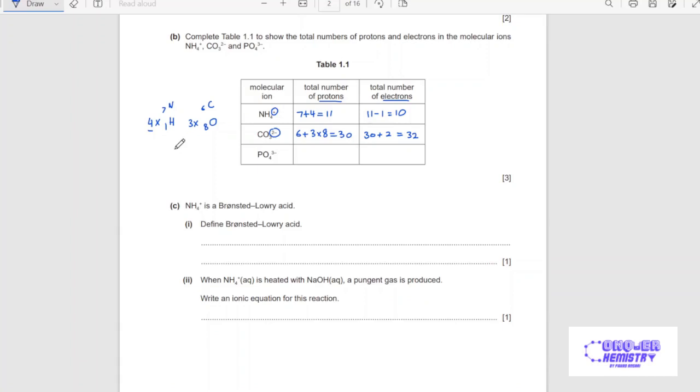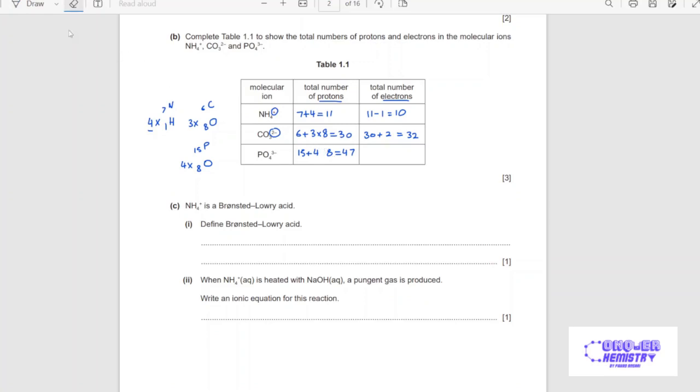Next, for the phosphate, PO4 3 minus. All right. We have phosphorus, which has a proton number of 15. For oxygen, it is 8. And we have 4 oxygens this time, so 4 times 8. All right. So 15 plus 4 times 8. And so that should give me 47, if I'm not wrong.